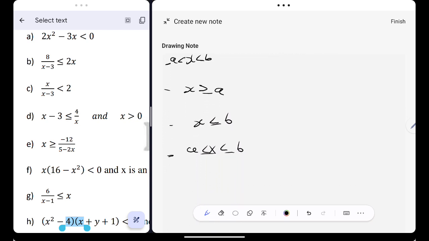And please just know that A and B are elements of the real numbers. They just represent numerical terms.